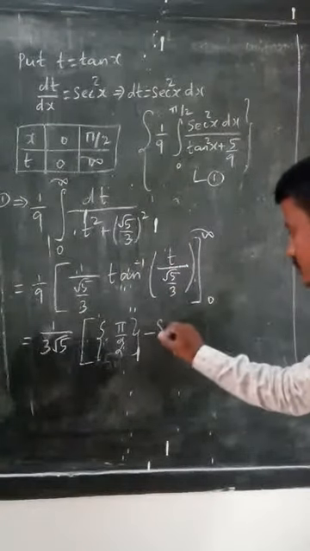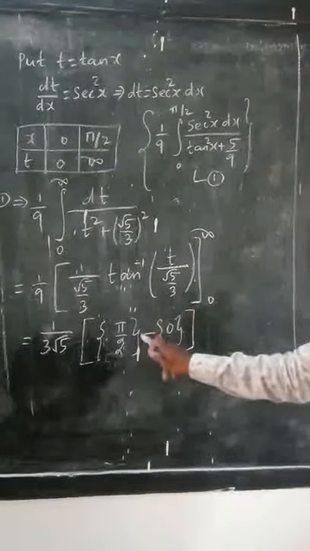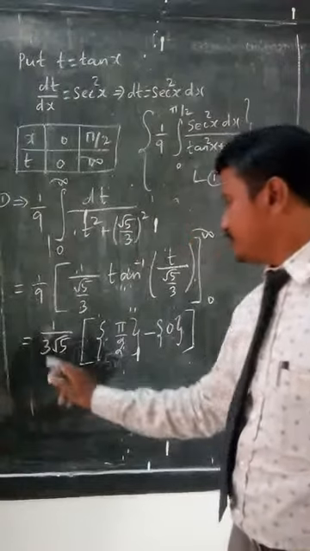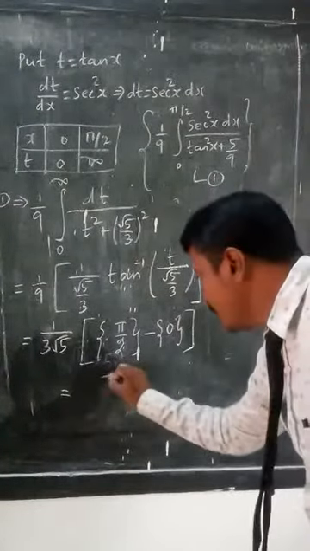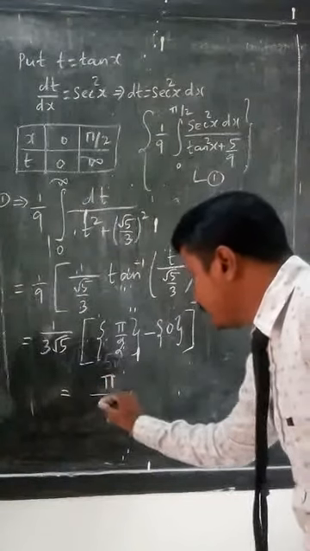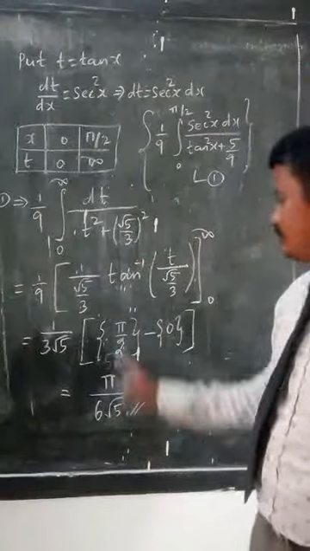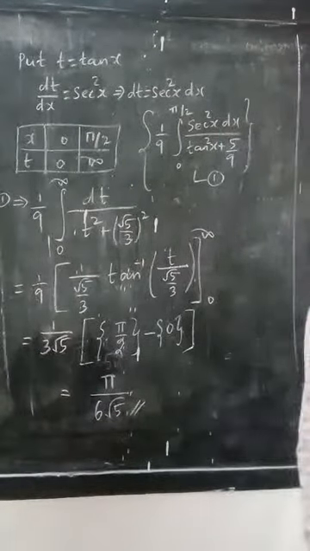Tan inverse 0 is 0. So this is the upper limit minus the lower limit. What is the final answer? Just multiply these two and you will get the final answer. Pi by 6 root 5 is the final answer. Pi by 2 into 3 is 6 root 5.